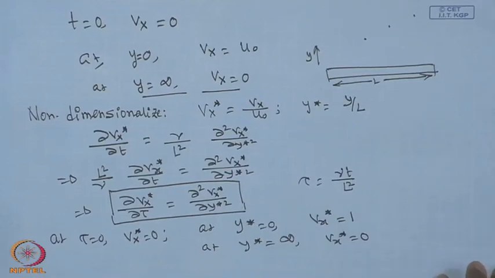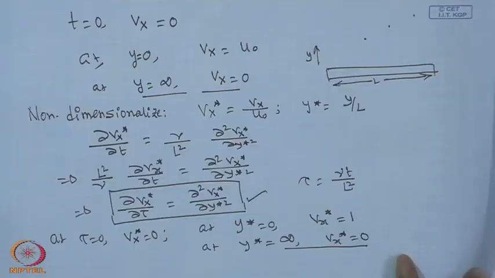If you look into the governing equation and the boundary conditions, this equation is purely a parabolic partial differential equation, and one of the boundary conditions is residing at infinity. That means this problem satisfies the thumb rules of a problem admitting a similarity solution.